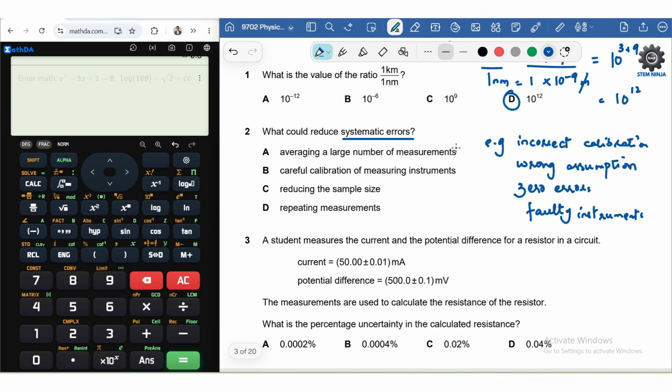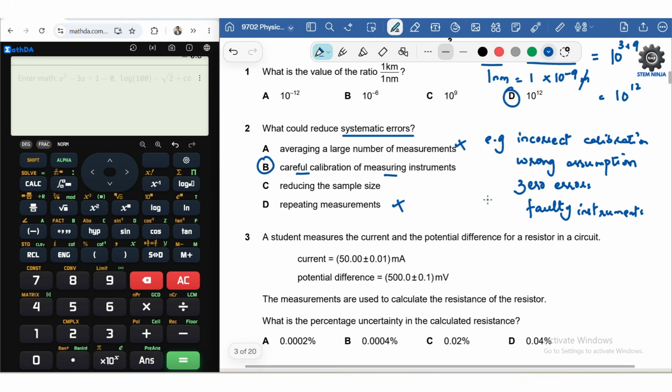Repeating measurements and averaging only affects the random errors, not the systematic error at all. Reducing the sample size causes more problems because it will increase the risk of random errors. So careful calibration of measuring instruments could reduce systematic errors.